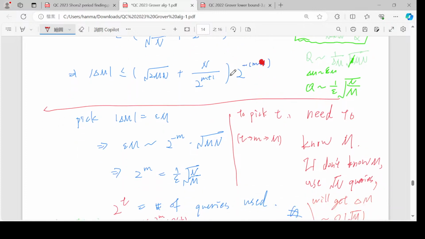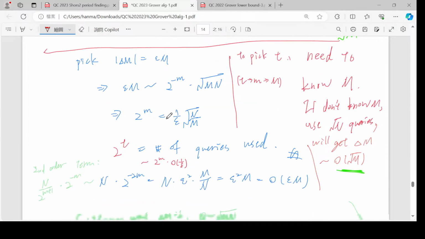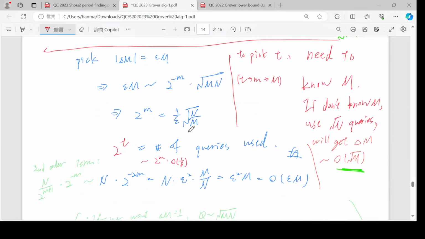Then you can now pick a different t. Then it will give you a different m, and that will give you a different delta m. So let's see what happens if we want delta m equal to epsilon m, so we want a constant relative error.